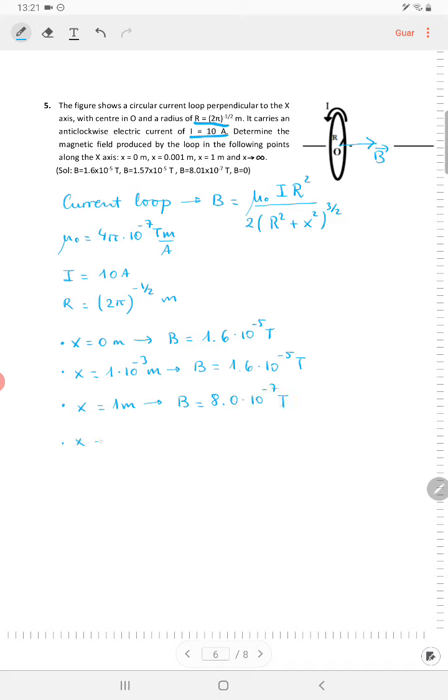And if we go to infinity, then the magnetic field tends to 0, okay, because this part here tends to infinity, so B tends to 0.